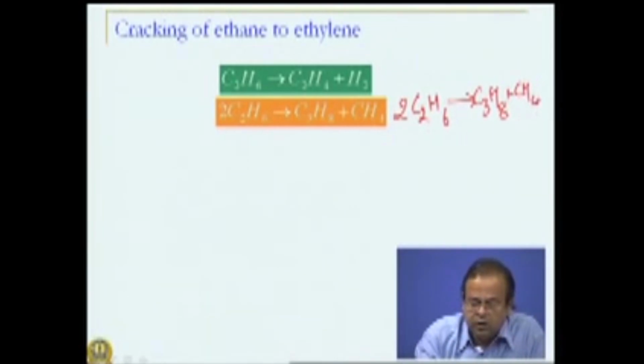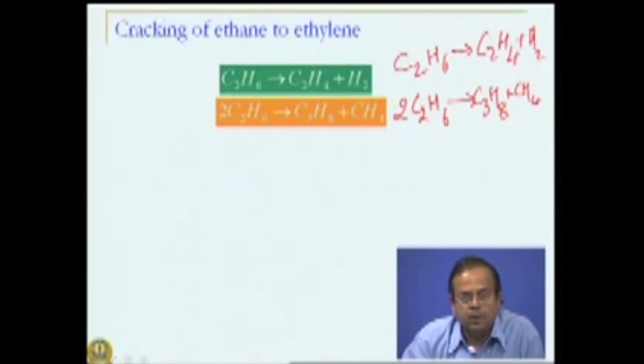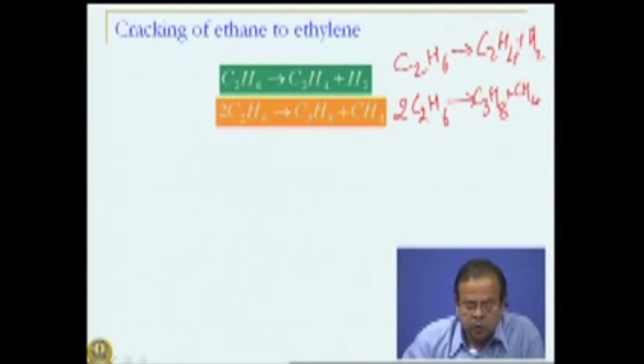While the first reaction is what we want, that is, our focus is on making a lot of ethylene, there is a possibility that the second reaction can take place.